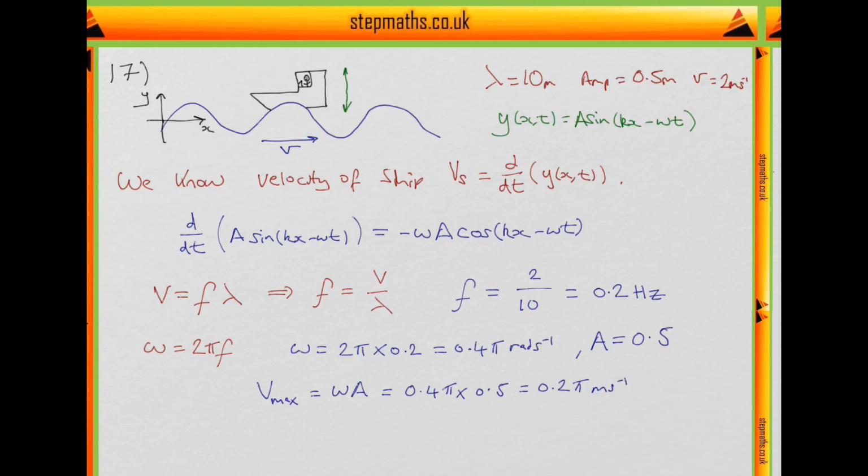And for approximation purposes, if we say pi is around 3, we can approximate this as 0.6 meters per second. And that'll be our maximum velocity with which the ship will move.